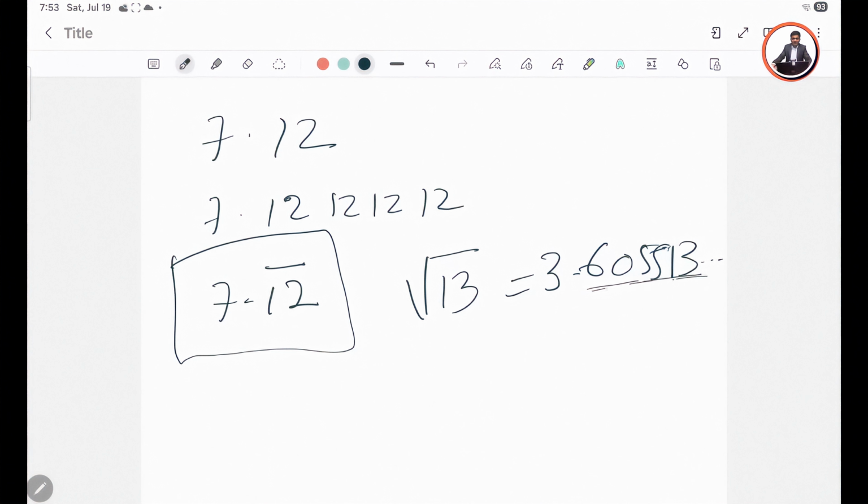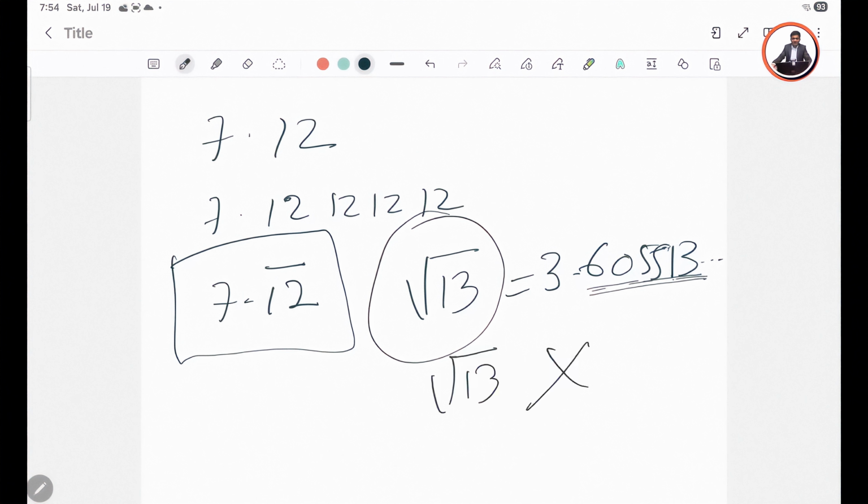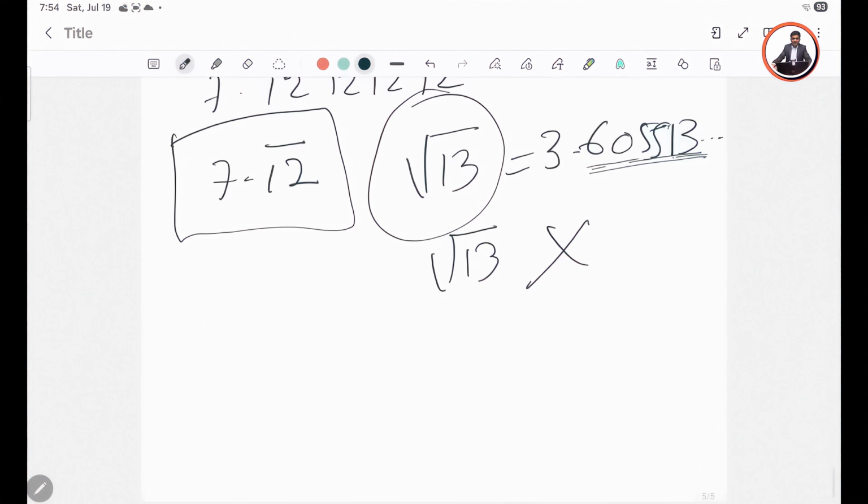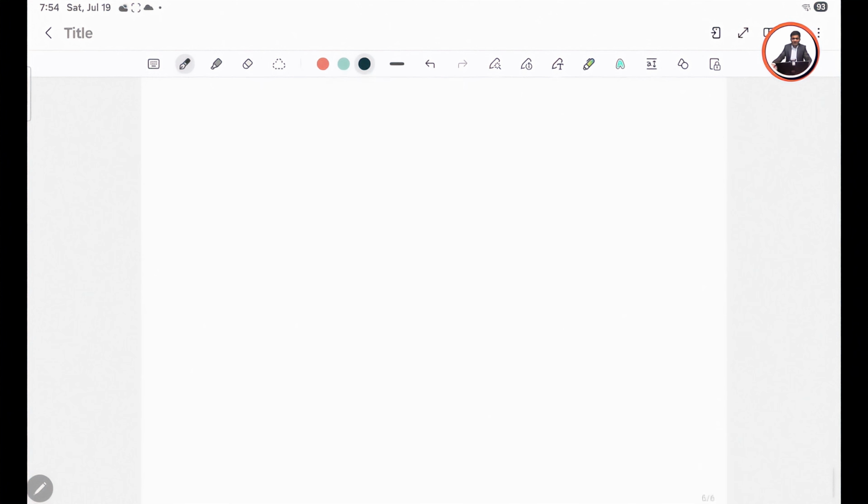We can't find any patterns over here. So therefore this is not a rational number. This is an irrational number. Similarly, square root of 2 is also not a rational number. It is an irrational number.